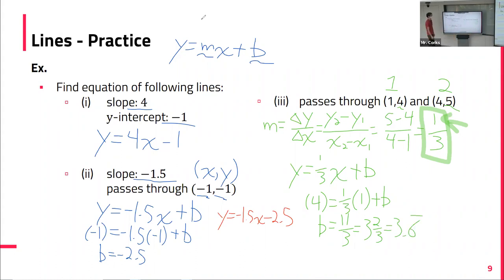So whichever one we want. And just put all that together. Y equals 1 over 3 x plus positive, yes, positive, plus 11 over 3. Okay, so that's what we practiced last time.